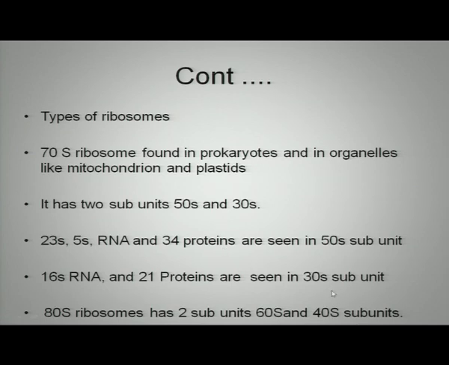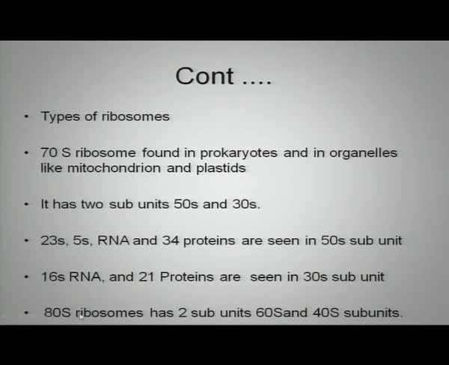Now, coming to the smaller subunit, the 30S subunit of the 70S ribosome, it contains 16S RNA and 21 different types of proteins.